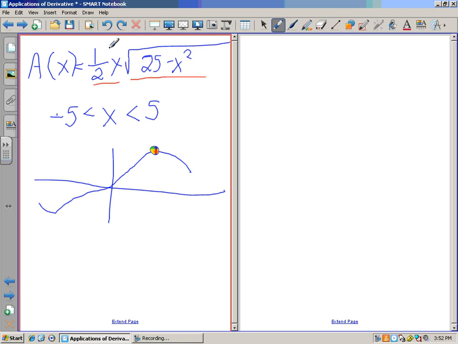I'm thinking if I bring the x into my square root, I don't have to use the product rule. So let's take a look. If I bring the x into the square root, what would it become?